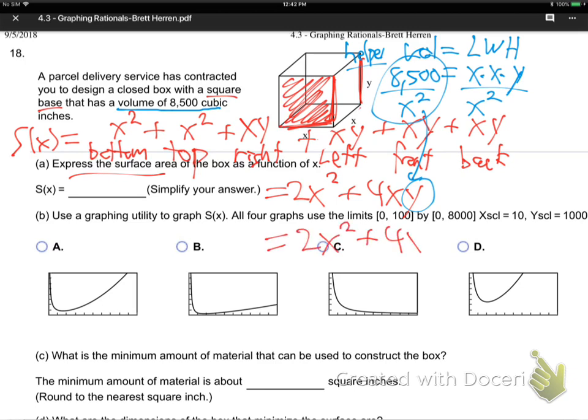2x squared plus 4x times y, and y is 8,500 over x squared. Can you all see that okay? It's getting a little messy. So 2x squared plus 4x times 8,500 over x squared.